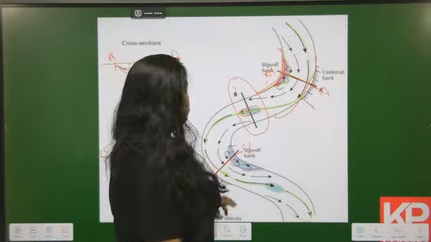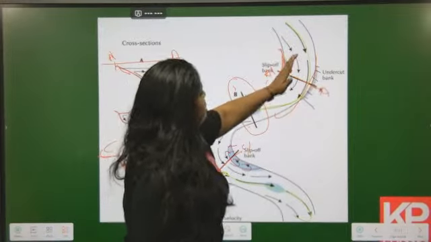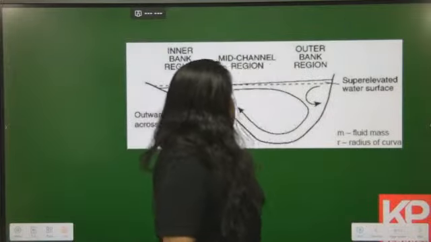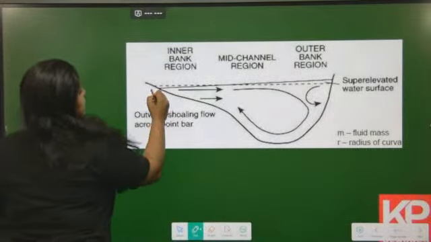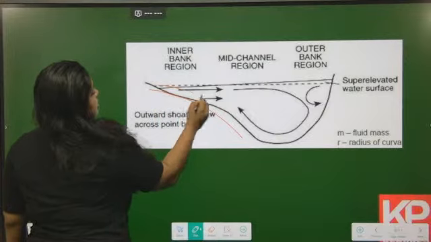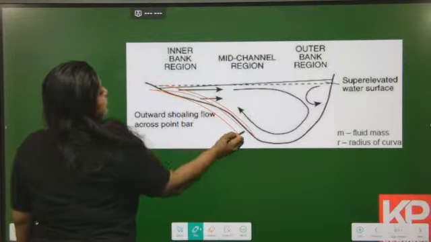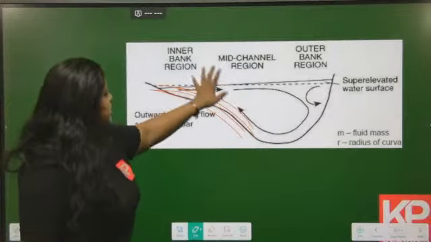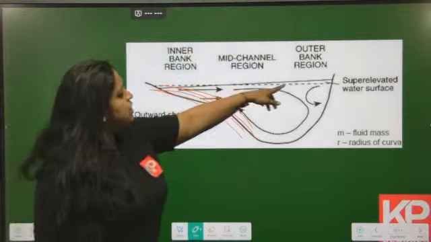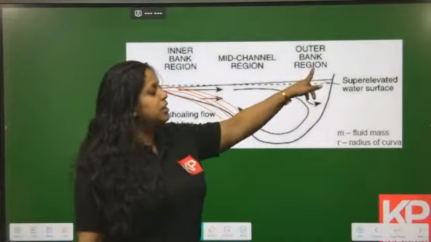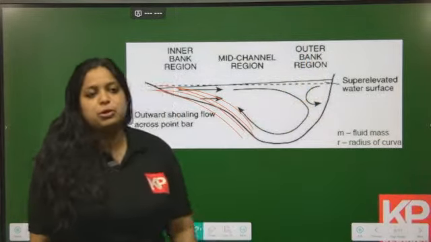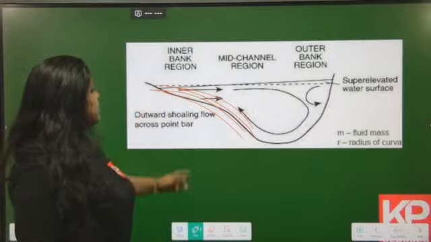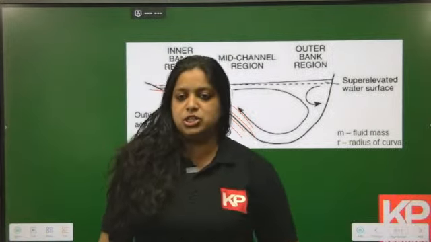So this deposition happening along the convex boundary of the channel causes further deposition over here. This is the mid channel region, the inner bank region over here. This is the outer bank region. At the outer bank region, more and more erosion happens. At the inner bank region, more and more deposition happens.